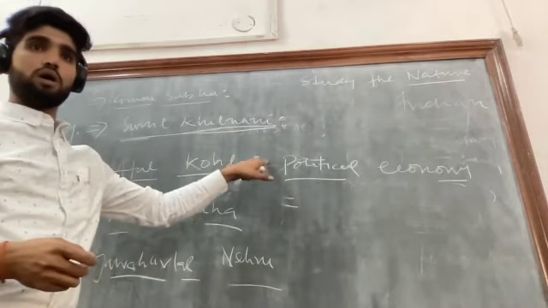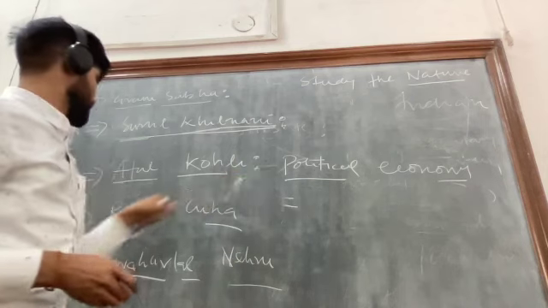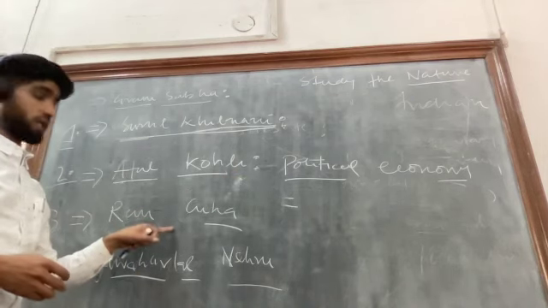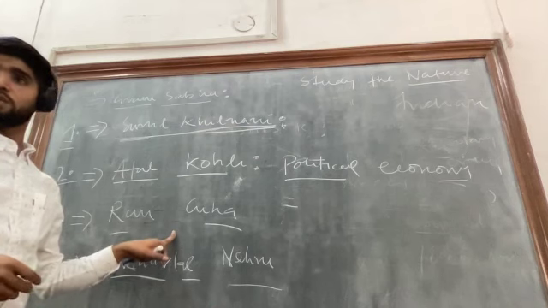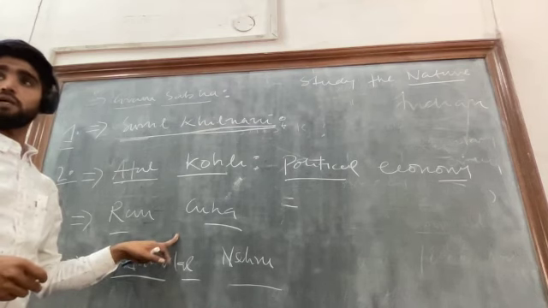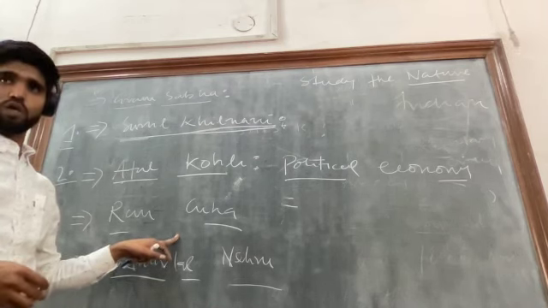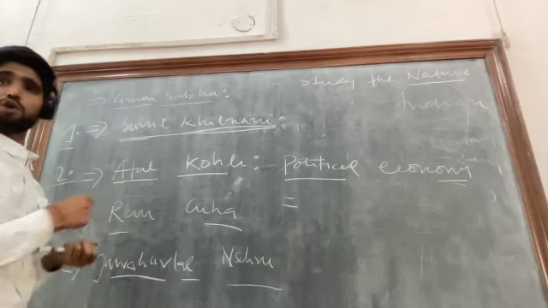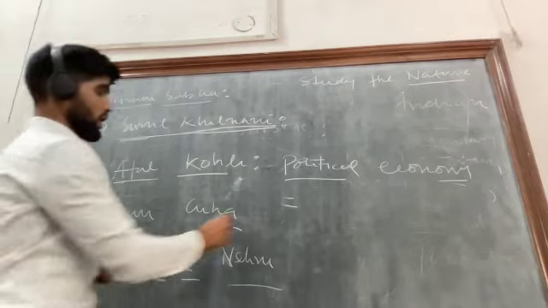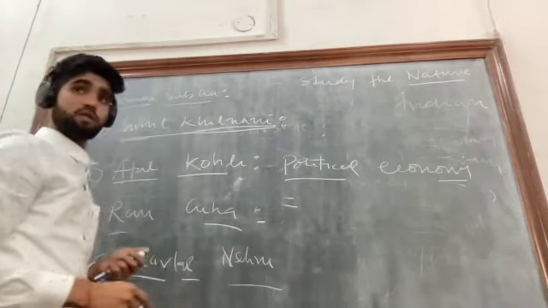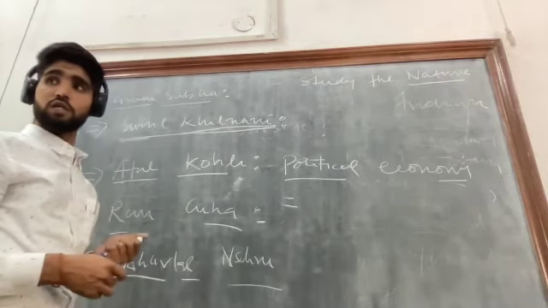Atul Kohli and Ramchandra Guha, of course, the history, along with Bipan Chandra's India After Independence and Ramchandra Guha's India After Gandhi. He is a very lucid, good read to understand. Ramchandra Guha is also thought to be a liberal, isn't he? So these are liberal scholars, a very selected list of liberal scholars.